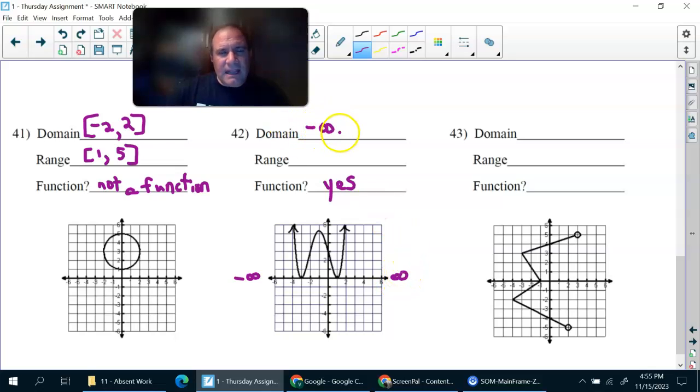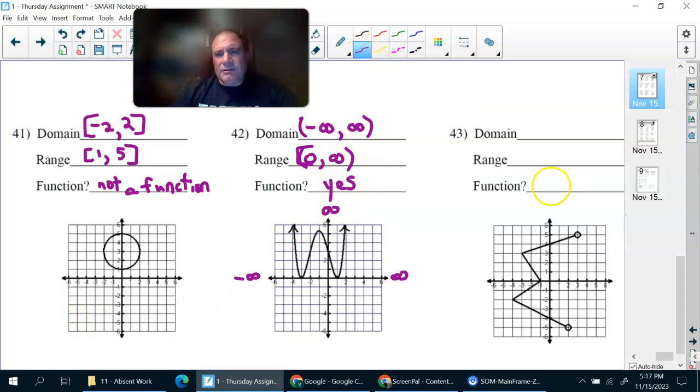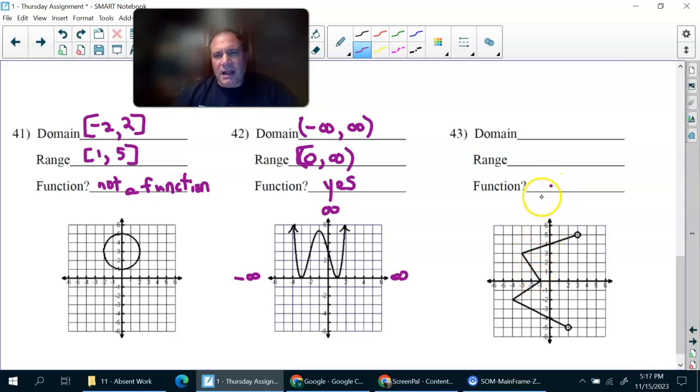So we have -infinity and positive infinity and parentheses. The range is the lowest part of the graph, which is 0. And it touches the 0, so that is a bracket. And then the highest point of the graph is a positive infinity. And that's it, right?